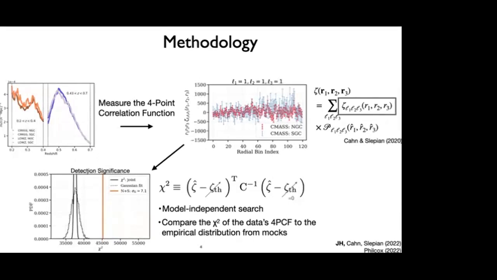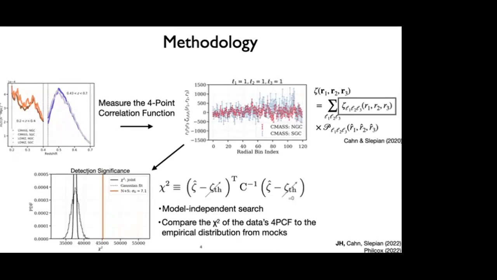Next, we compute the chi-square. Here we performed a model-independent search with a null hypothesis, which means that we set these two theory terms to be zero. Finally, we compute the chi-squared value of the measured data relative to the empirical distribution from the mock simulations.